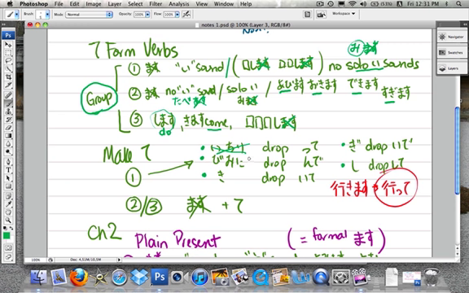If you have bi, mi, ni, you drop it and add nde. Ki you drop and add ite. Gi, ide, and shi you drop and add shite. There is one exception in the te form, and that is ikimasu, which has its own unique te form. It's still a group one verb, but it is itte in te form.